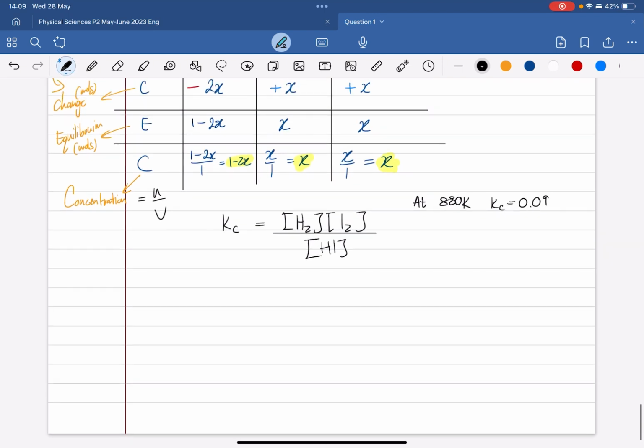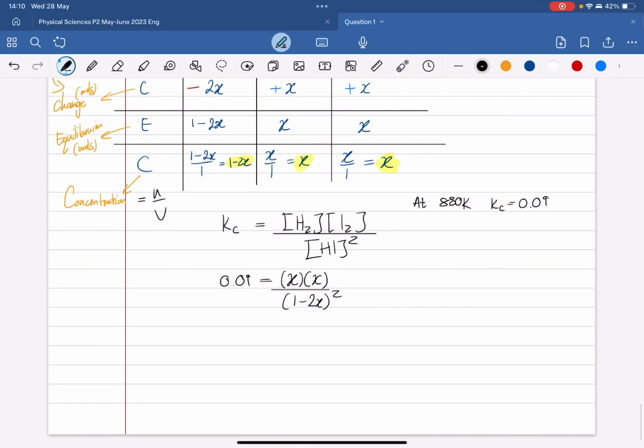So we're going to substitute there. 0.09 is equal to x, the concentration of hydrogen gas, multiplied by x, the concentration of iodine gas, divided by the concentration of hydrogen iodide. Remember, sorry, this is squared. So it's 1 minus 2x squared.